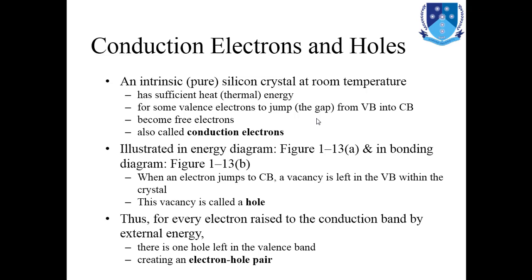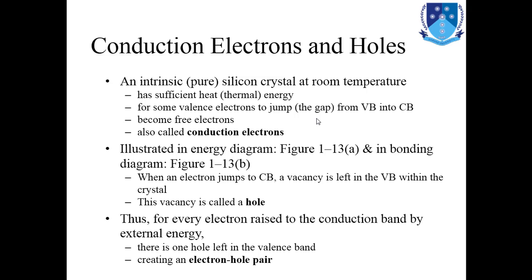Then these electrons will be known as the conduction electrons. This concept is illustrated in the energy diagram presented in figure 1.13a and in the bonding diagram presented in figure 1.13b.